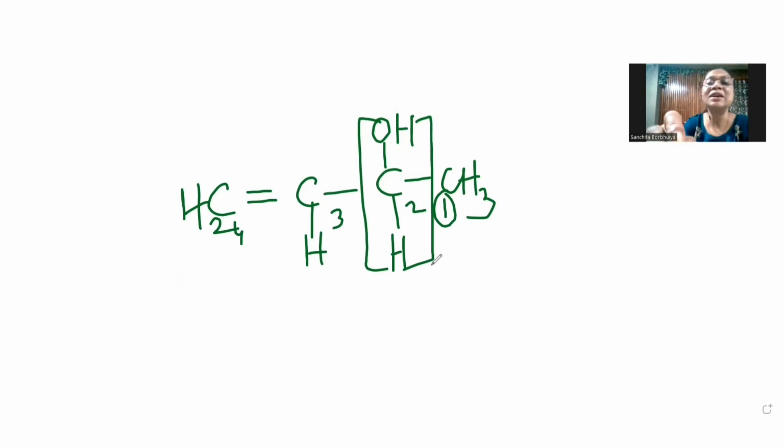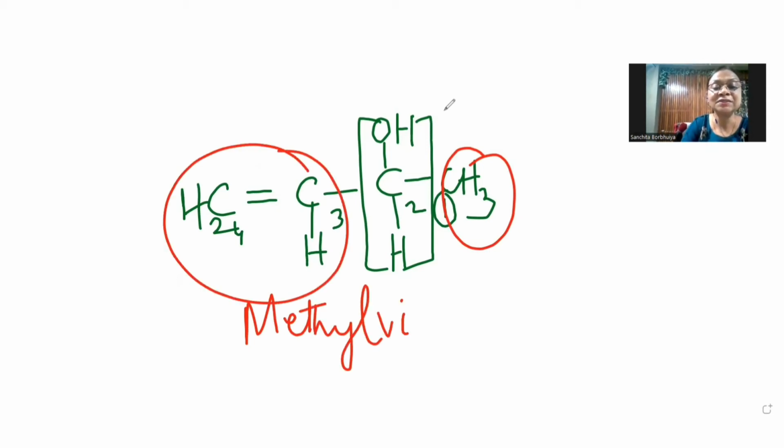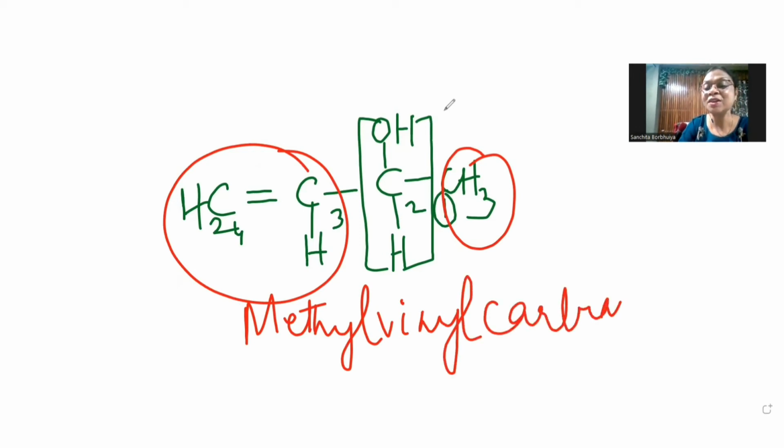The group left without the carbinol carbon is methyl. This is vinyl. And then it's called a carbinol. So this is the common name of the compound that you can assign to it.